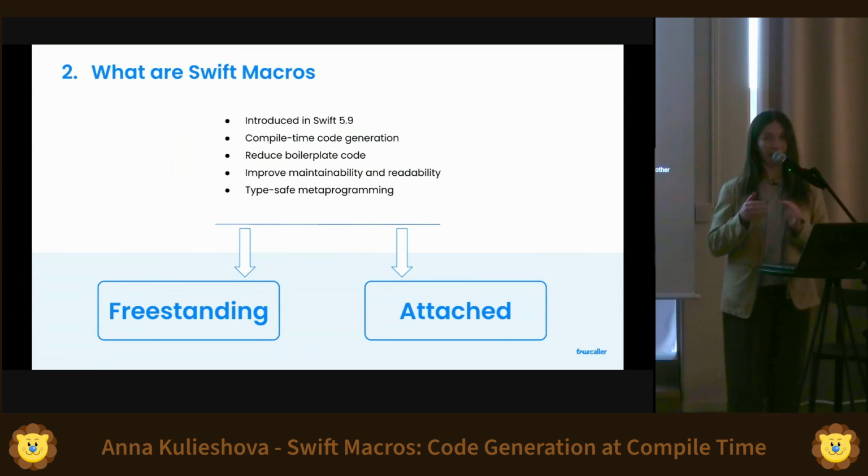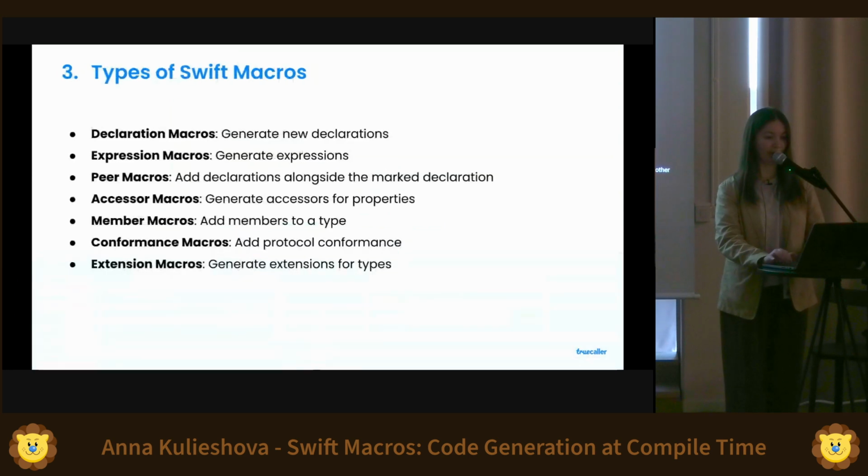Basically, macros are divided into two big groups, freestanding and attached. We will get back to it soon, but what is important to know is that an attached macro should be attached to something like a class, struct, or property, and a freestanding macro is a little bit more independent; it can be declared independently.